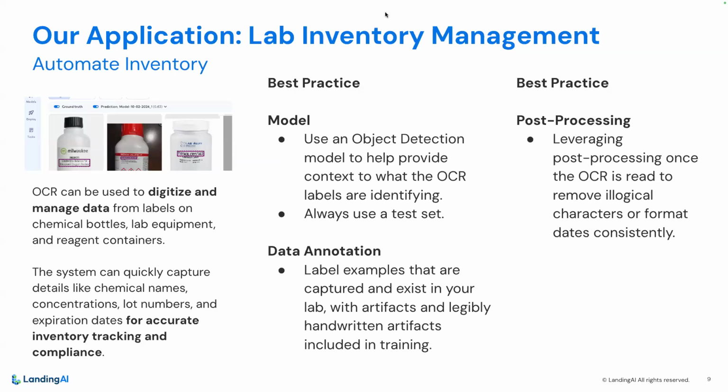It is important to note that OCR does require some post-processing to parse and understand the results, primarily to look at how you can format data consistently, because as you can imagine, the outputs from all of these different manufacturers of these lab components look different and place information in different locations. And that's where an object detection model can also be beneficial to help you find that key piece of information and provide context to what the OCR models are identifying.